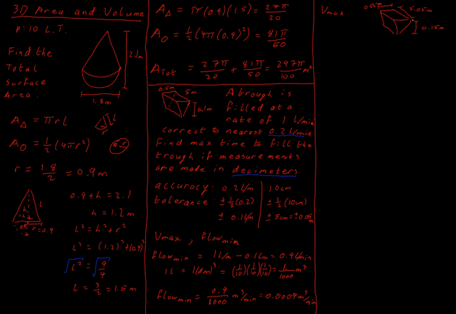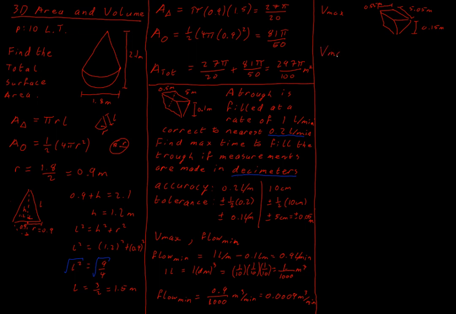So for our volume, we have to recognize what type of shape we've got, and this is effectively a triangular prism. We have a triangular face on the end, and it continues parallel back from that. So just like a cylinder is a circle multiplied by the height of the cylinder, this is going to be a triangle multiplied by the length of the trough. So our volume is going to be the area of this end triangle, which is half the base by the height, multiplied by the length of our trough.